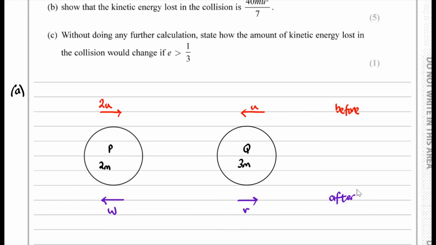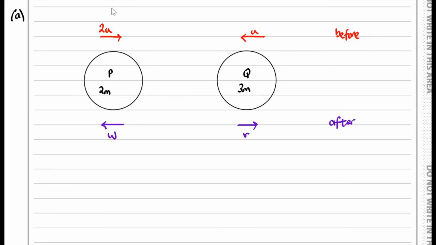Now if we consider the conservation of momentum, if we consider particle P before, we've got 2m multiplied by 2u.